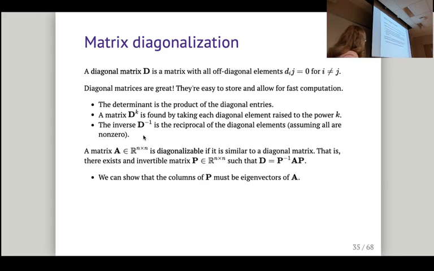A matrix A is called diagonalizable if it's similar to a diagonal matrix. That is, there exists an invertible matrix P such that D is equal to P inverse A times P. Now, this is similar notationally to our eigen decomposition.